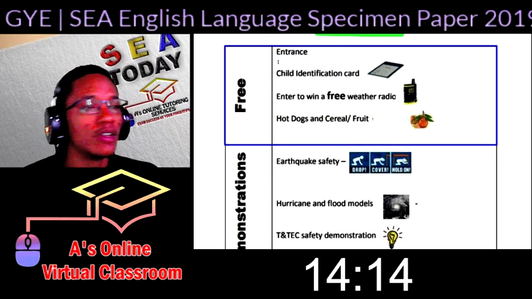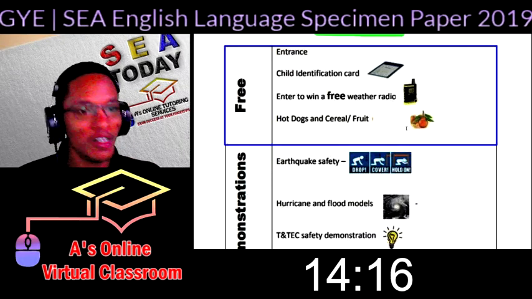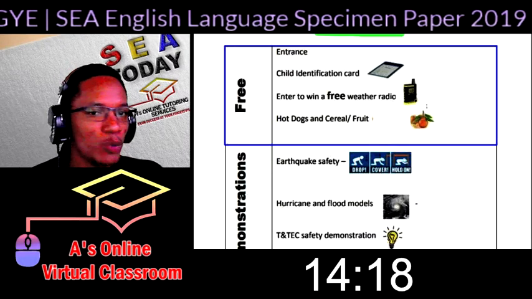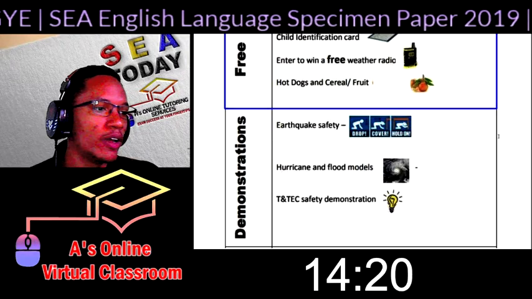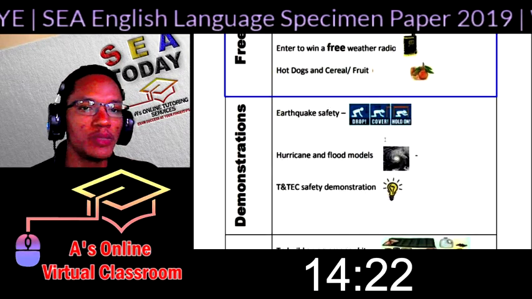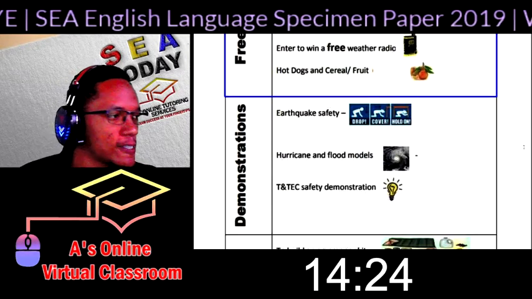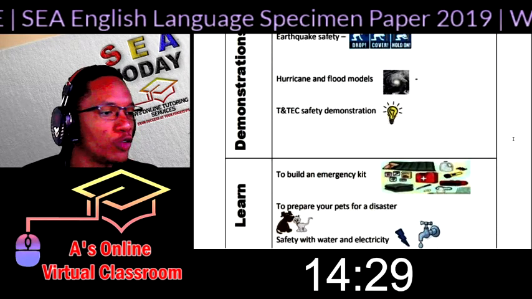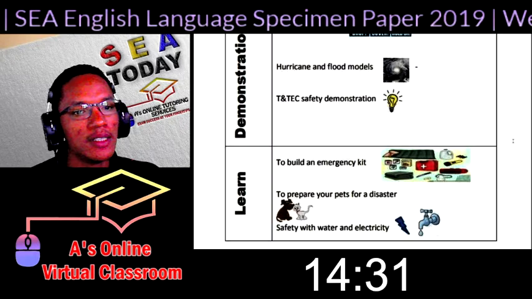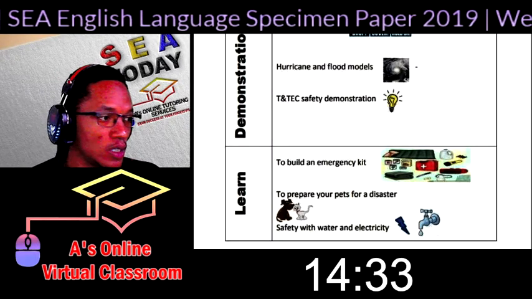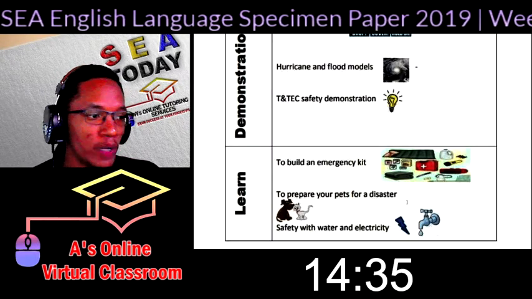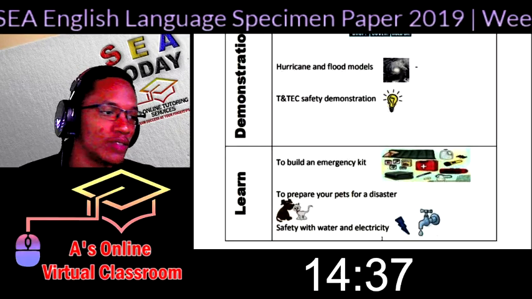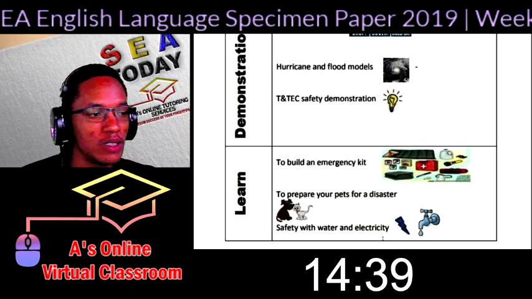So first of all, there are a lot of free things, so a lot of people will want to come, but let's break it down. They bring in demonstrations on some very specific topics, as well as they are offering you the opportunity to learn how to build an emergency kit, to prepare your pets for disaster and safety with water and electricity.